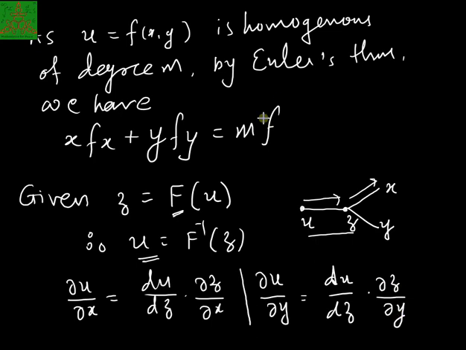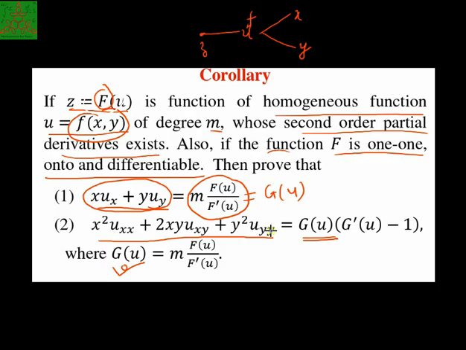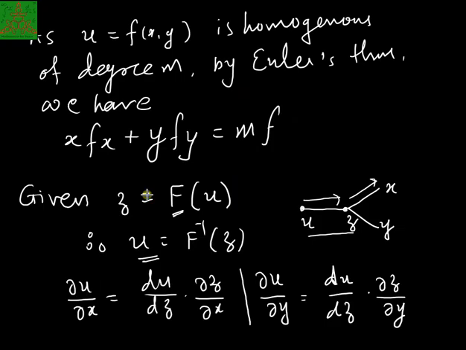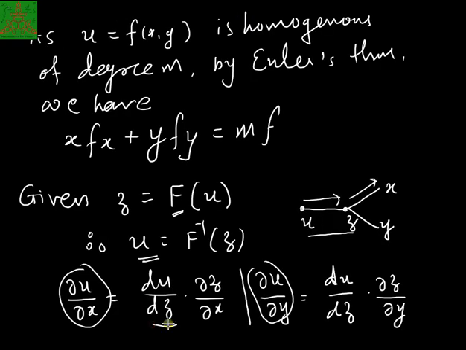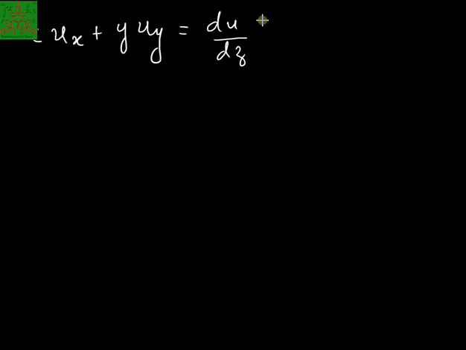Now ultimately what we need to do is calculate x ux plus y uy. So I'm starting with that side: x ux plus y uy. If I substitute these values, du by dz is common, so we have du by dz into x del z by del x plus y del z by del y.